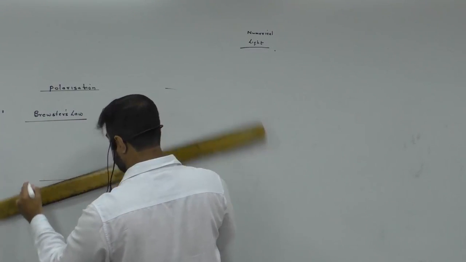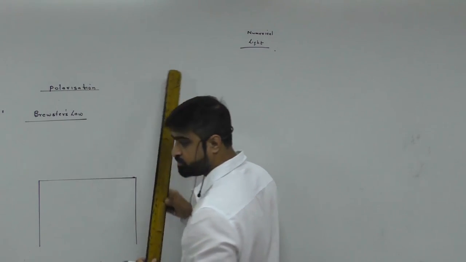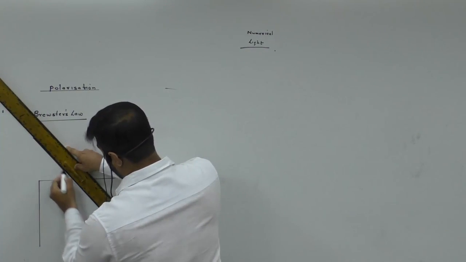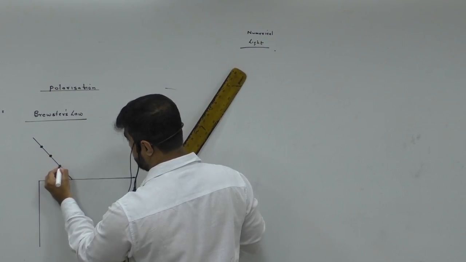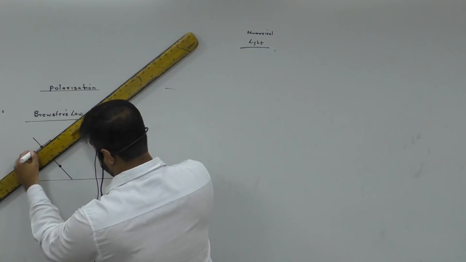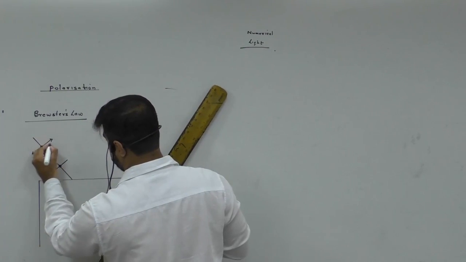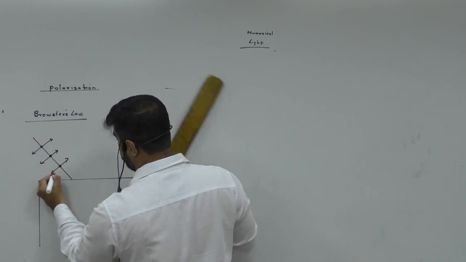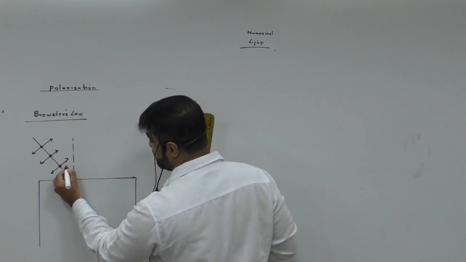Ray passes through a glass slab. Unpolarized light passes. It is incident at polarizing angle मतलब IP.